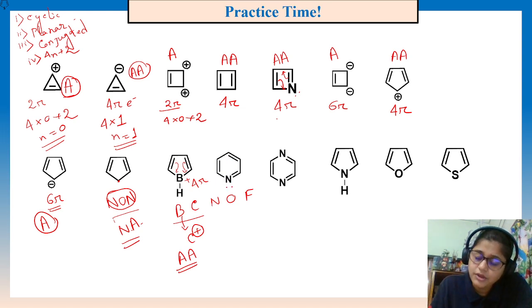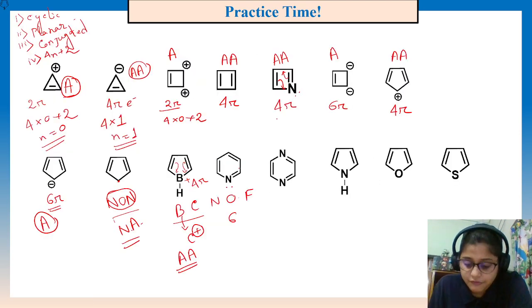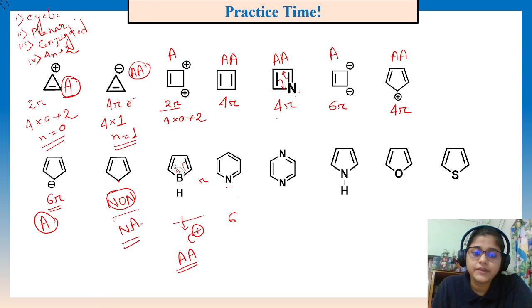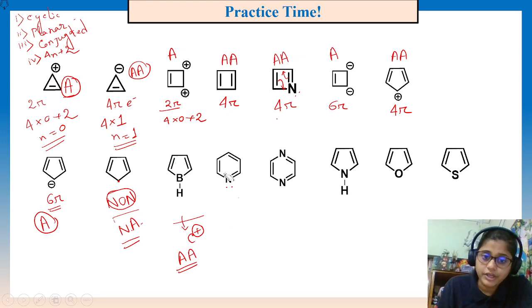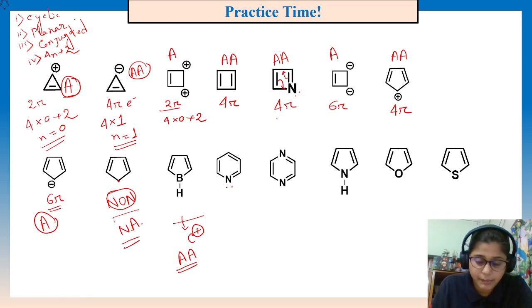Here again, pyridine. Nitrogen is here. Nitrogen has a lone pair. So how will you count the pi electrons? 6 pi or 8 pi? It will be 6 pi, right? Again I am telling you, if the lone pair is not involved in the conjugation, then we will not count that lone pair in the 4n plus 2 or 4n Huckel rule when counting the pi electrons.